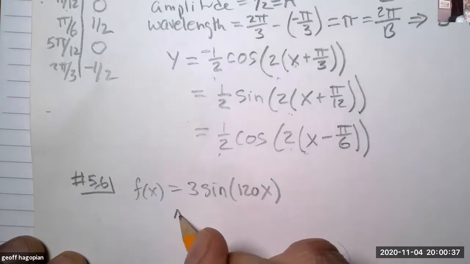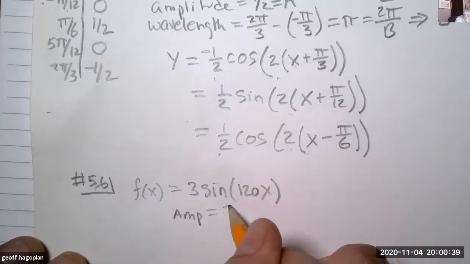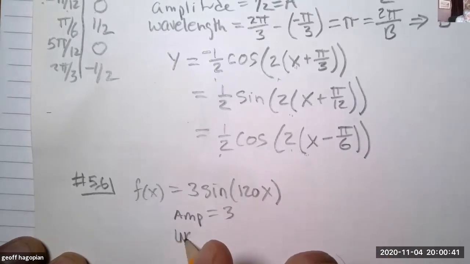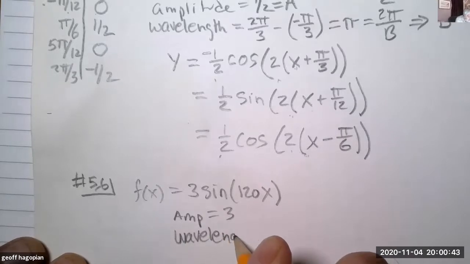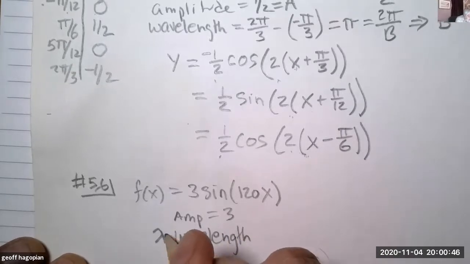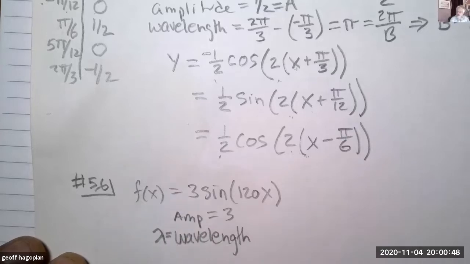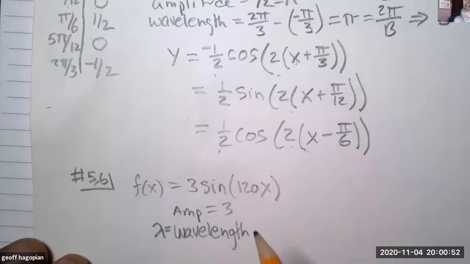So the amplitude is 3. The wavelength, sometimes we use the character lambda for the wavelength. That's a Greek letter L for length, right?